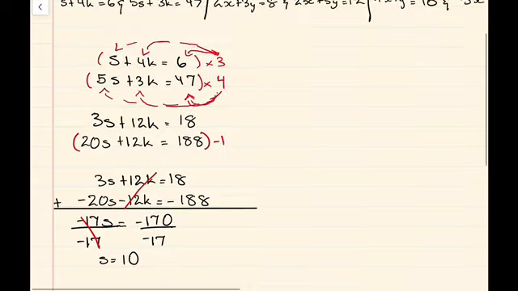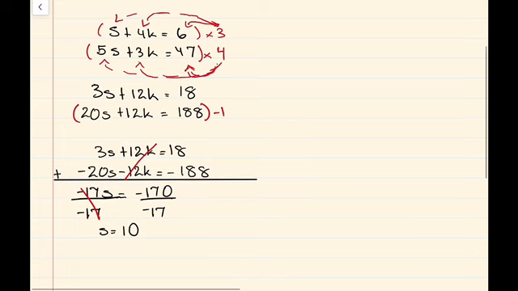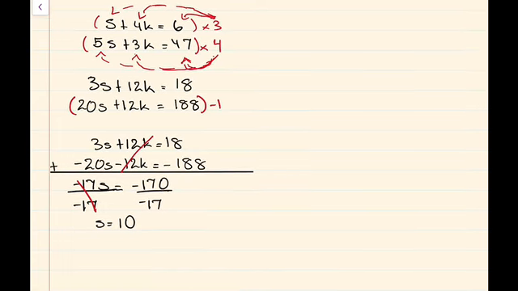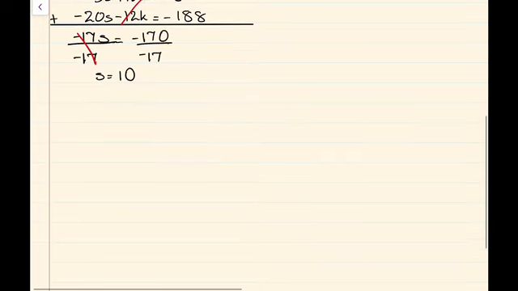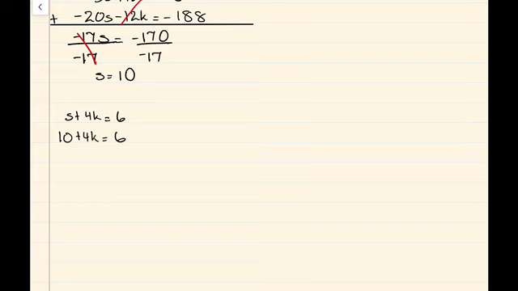Now the next step would be to solve for k. We're going to use this equation here to solve for k. So s plus 4k is equal to 6. s is equal to 10, so we're going to substitute that: 10 plus 4k is equal to 6.